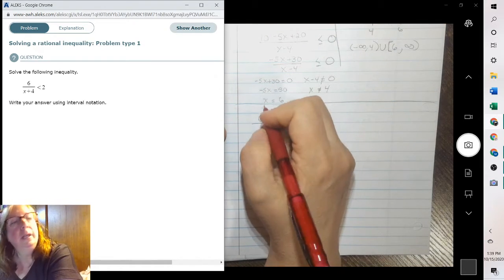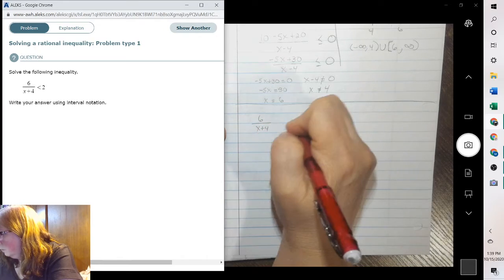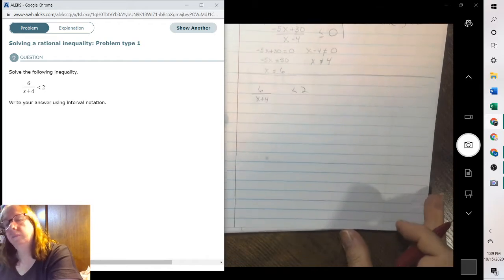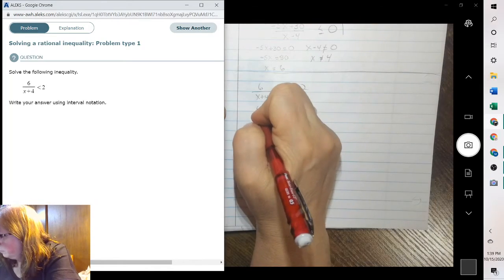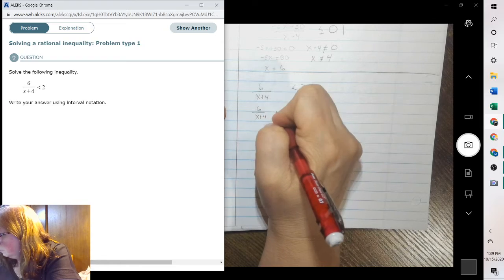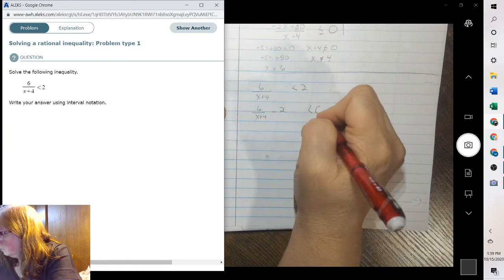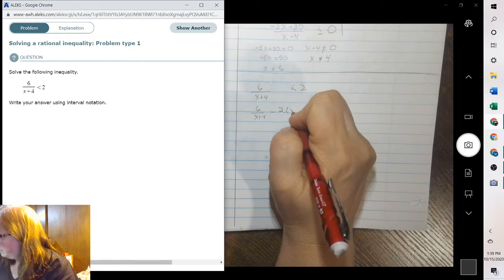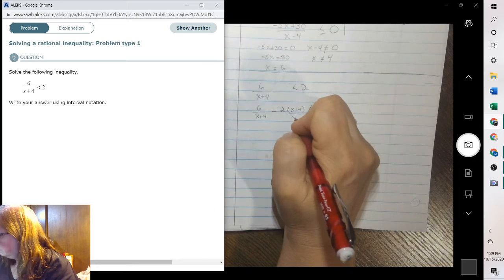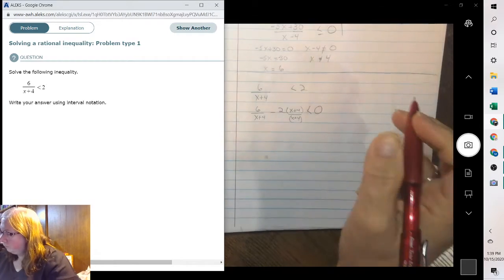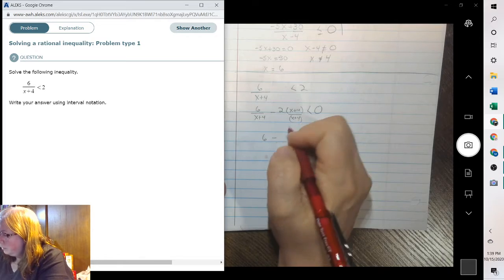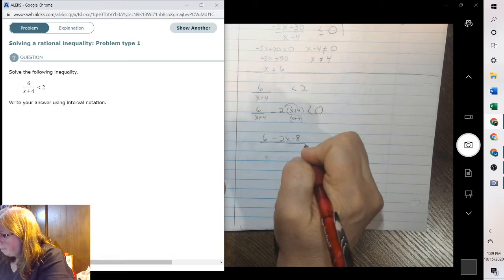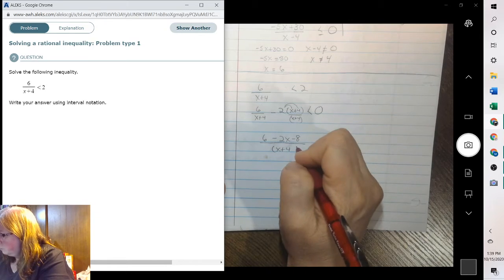6 over x plus 4 less than 2. So we need to bring the 2 over. And then we need to combine it, so we want to multiply by a common denominator. So I have 6 minus, distributing the 2, 2x minus 8 all over x plus 4.